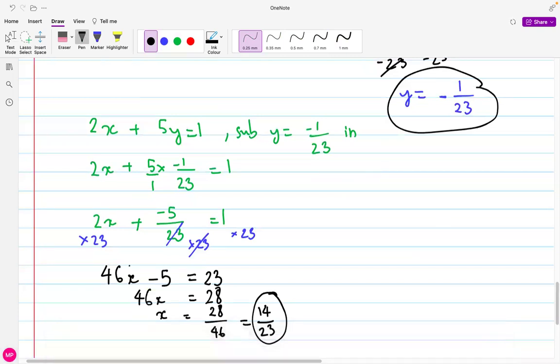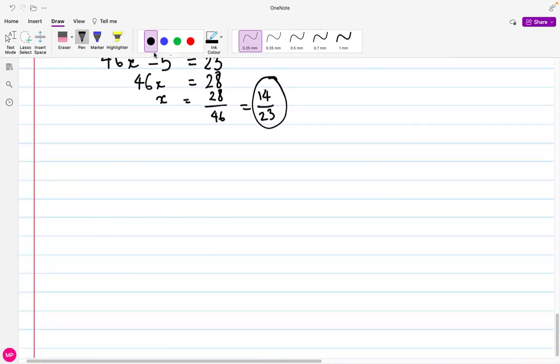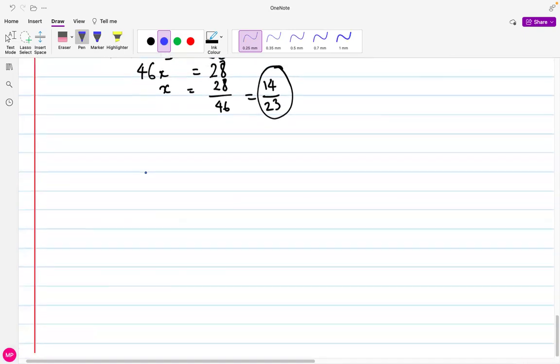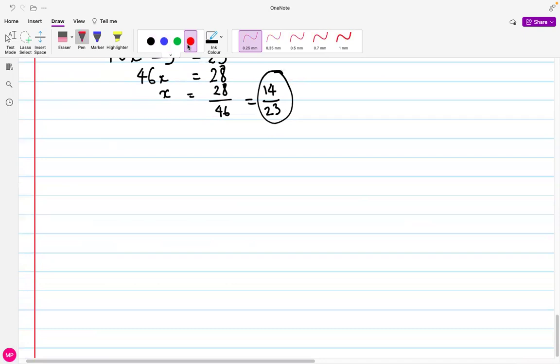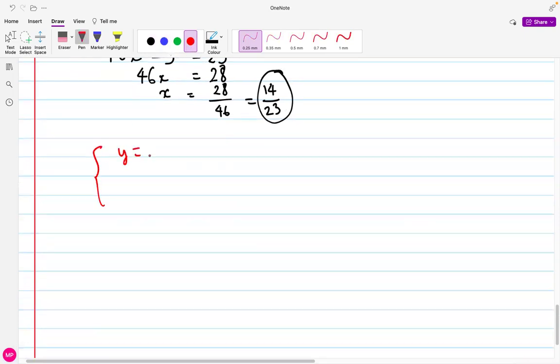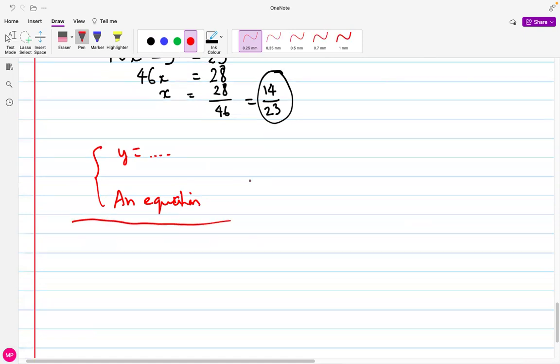So in summary, we just learned how to solve simultaneous equations using elimination and substitution methods. So what's the recap here? If you see y equal something here, and you have another equation here, or you see x equals something, and there's another equation here, right?